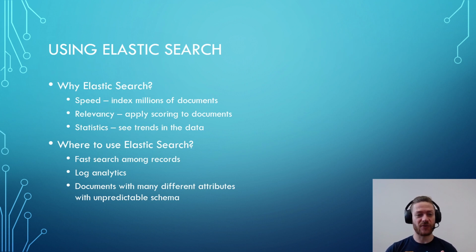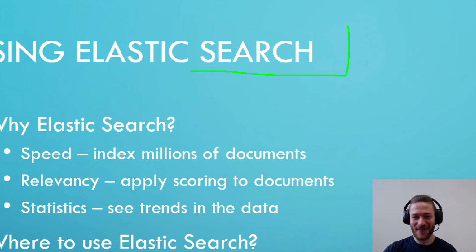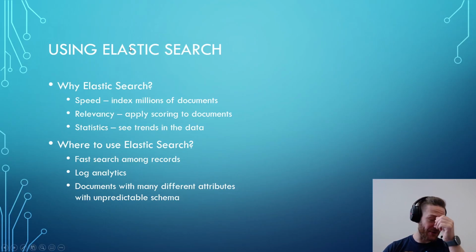So in terms of what Elasticsearch is good for, it's good for searching. Well, that's a little bit self-explanatory from the title of the product itself, but nevertheless, you have very fast search among millions of documents. So Elasticsearch is very good for indexing a lot of documents, a lot of text, and you can easily search through it.